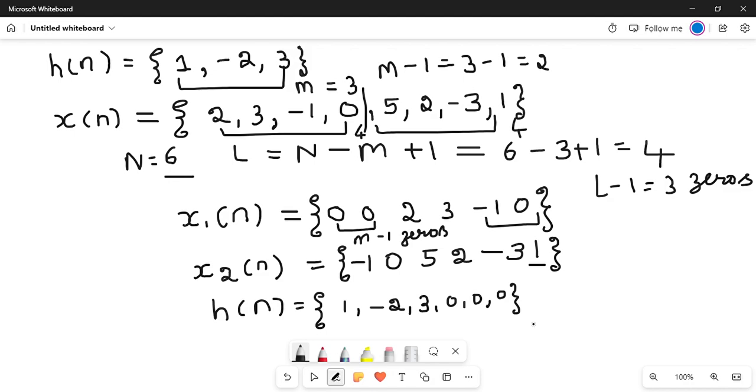Don't just remember that m-1 zeros and m-1 values are to be added, but remember where to add them. If you know it is the beginning and not the end, you can easily solve it, right?